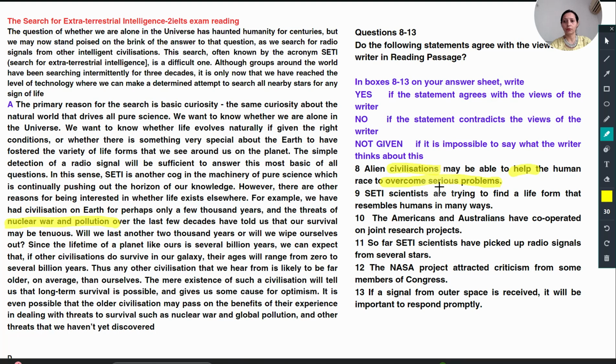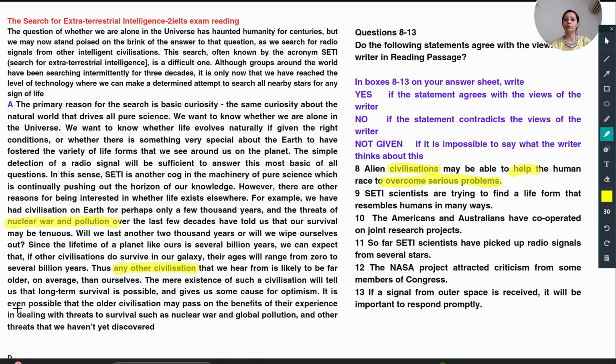I'm looking for serious problems and helping. Since the lifetime of a planet like ours is several billion years, we can expect that if other civilizations do survive in our galaxy, their ages will range from 0 to several billion years. Any other civilization that we hear from is likely to be far older on average than ourselves. The mere existence of such a civilization will tell us that long-term survival is possible. It gives us some causes for optimism.